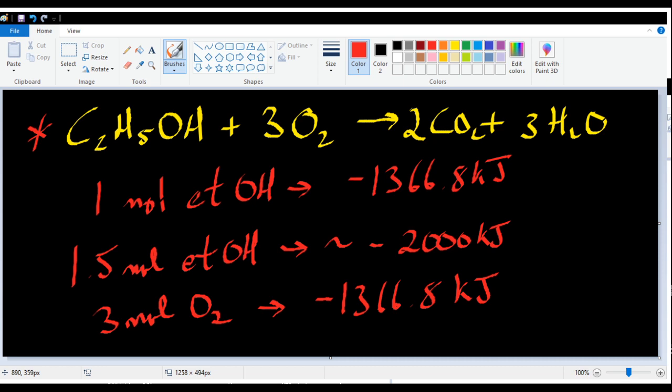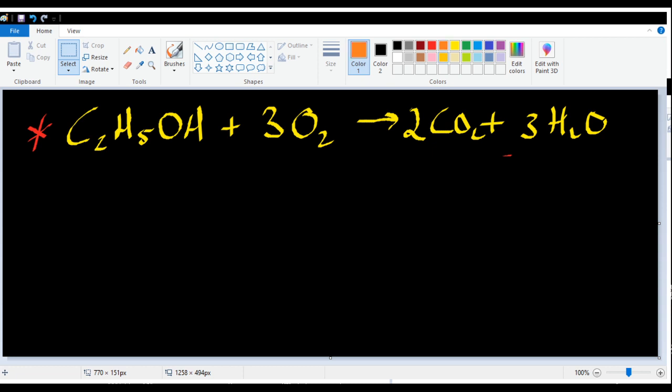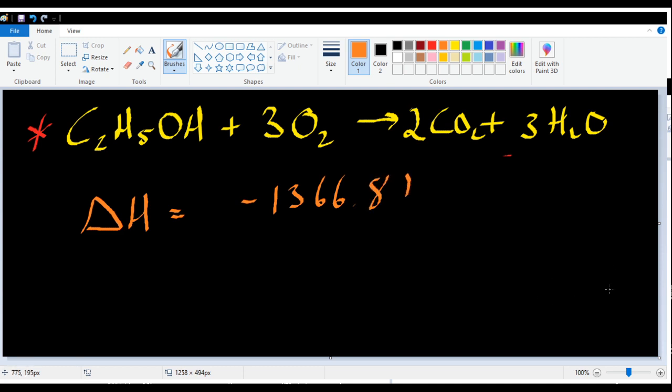So if you were to write it out, it's always going to be normalized to the coefficient of the compound in question. 1,366.8 kilojoules for every 1 mole of ethanol, or for every 3 moles of oxygen, or for every 2 moles of CO2, or for every 3 moles of water.